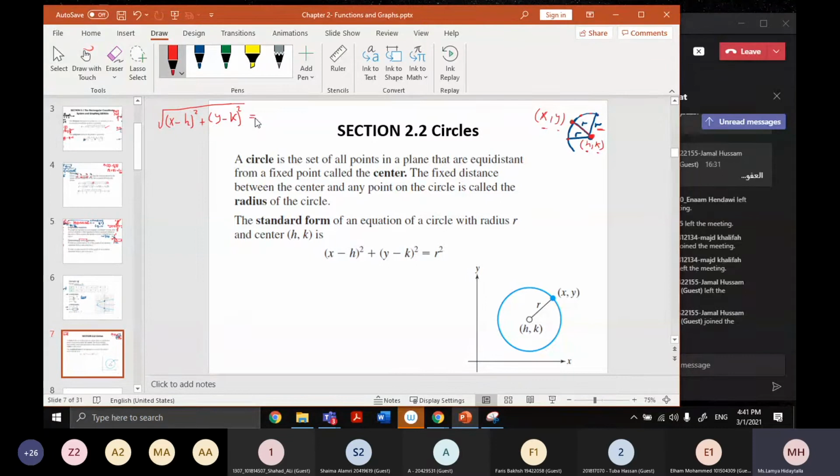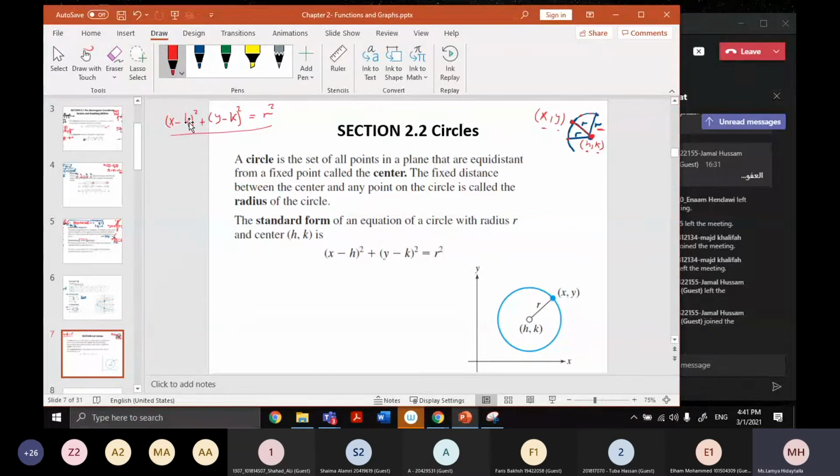This is equal to this distance which we call the radius r. Now if we square both sides, what happens? We will remove the square root, and here r square will appear. So this is the equation of a circle that has a center.